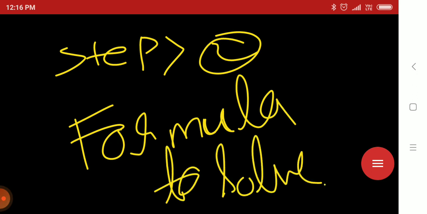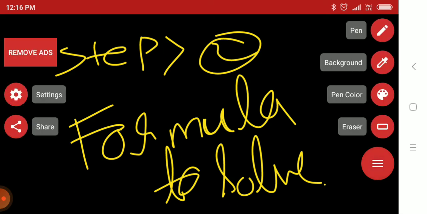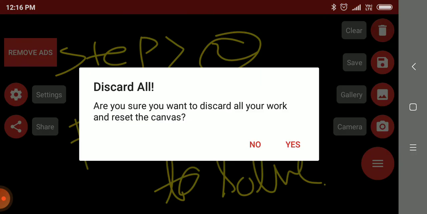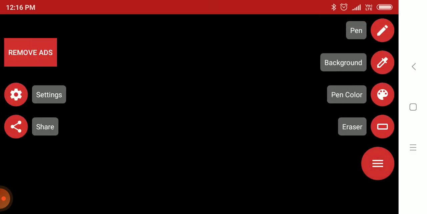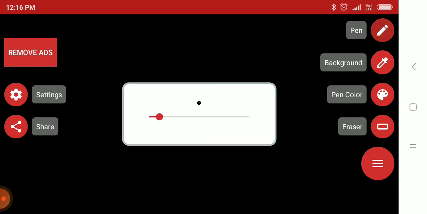But before the formula, we will do step 1, where we analyze the drawing, the axial diagram.